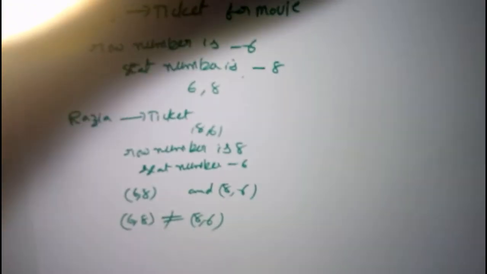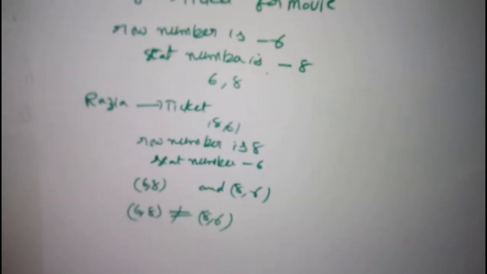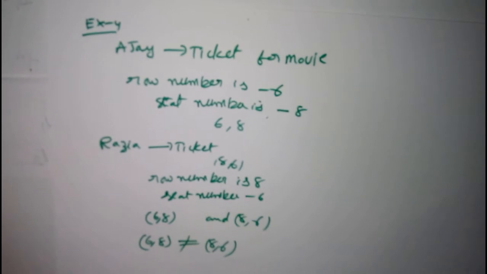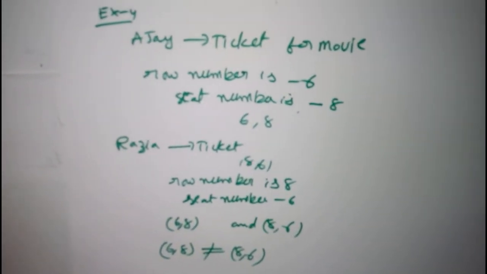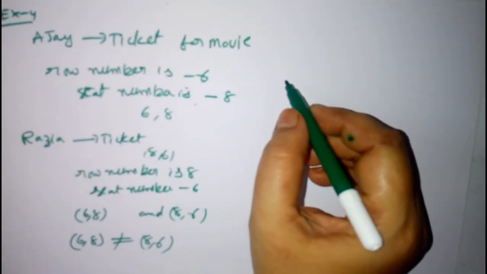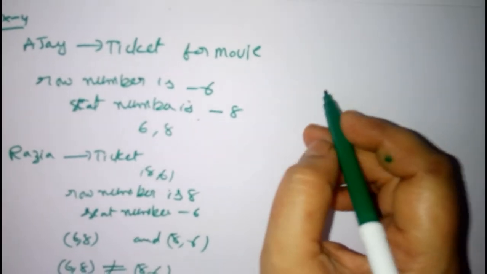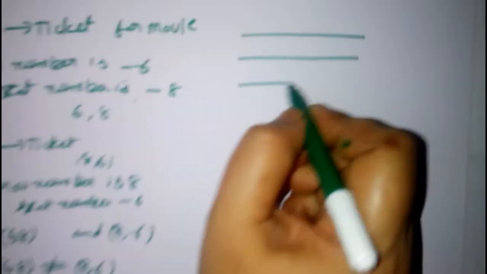So from the above examples, we observe that the position of an object lying in a plane can be represented with the help of two perpendicular lines. Here we can explain with a figure. Suppose I show the position of the tickets.